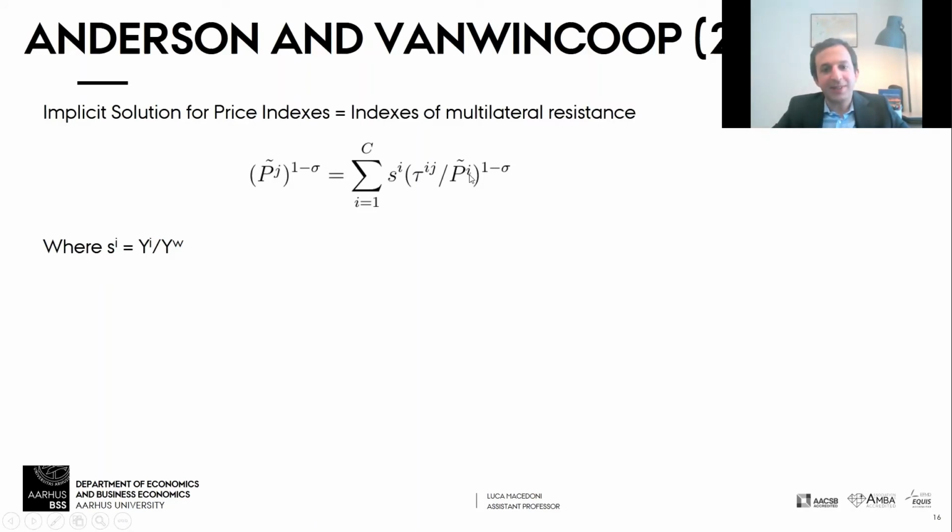And then this P tilde I, notice that it is inversely related to P_J, okay? And why is that? Well, this is why we think of these price indices as so-called indexes of multilateral resistance, because in that there are basically all the general equilibrium effects that determine how much you are importing from a given country.